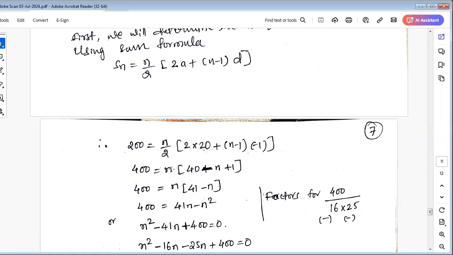Or 400 is equal to n into 41 minus n, or 400 is equal to 41n minus n square, multiplying this into this bracket. Or n square minus 41n, taking these two terms to the LHS side, plus 400 is equal to 0.